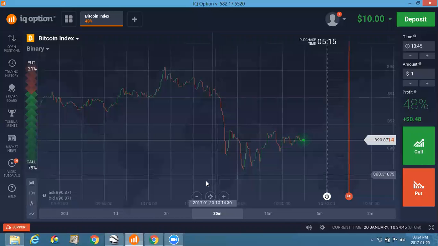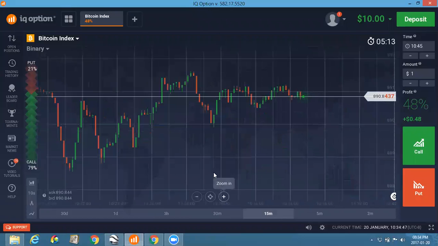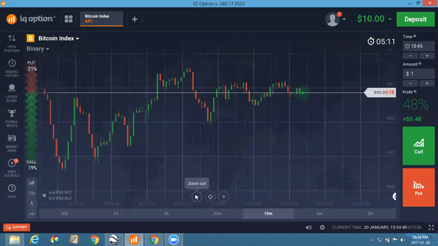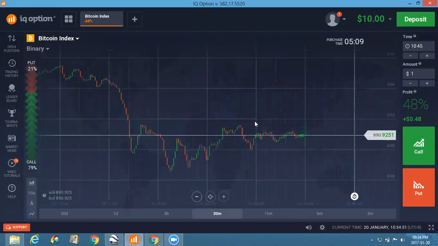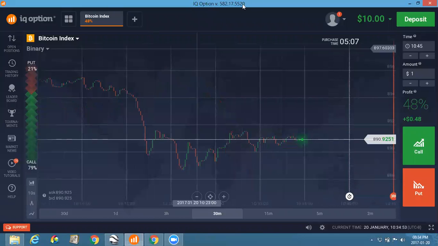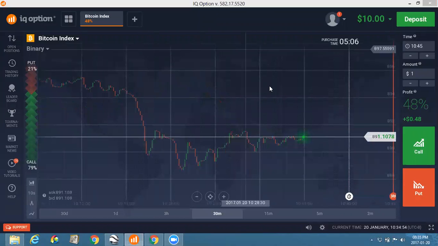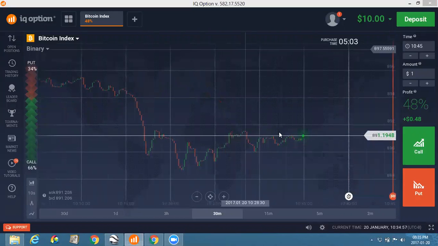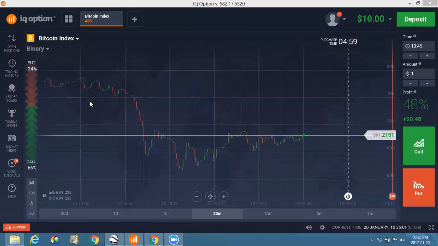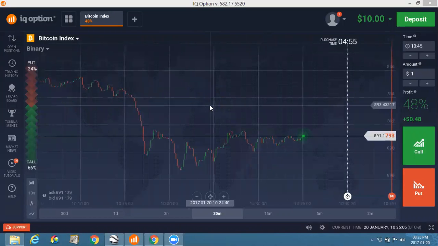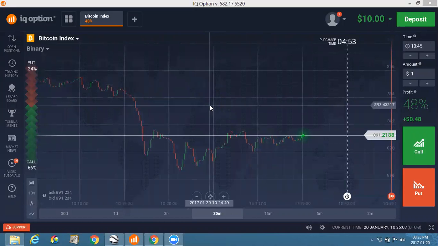Guys, this strategy is based on two things: indicators and swings. Swing highs and swing lows. It's that simple.